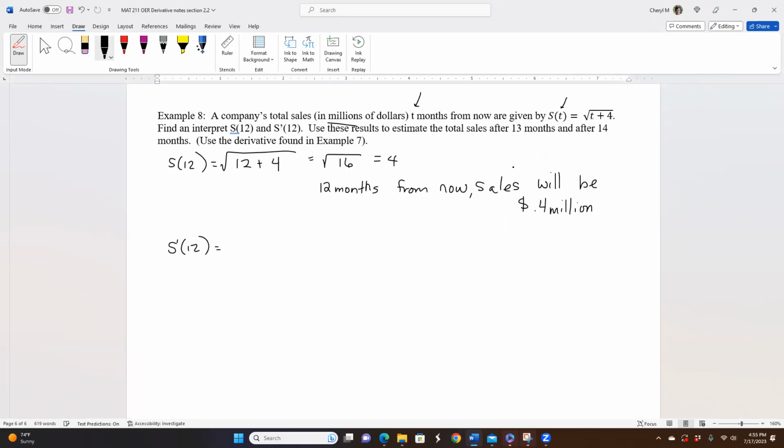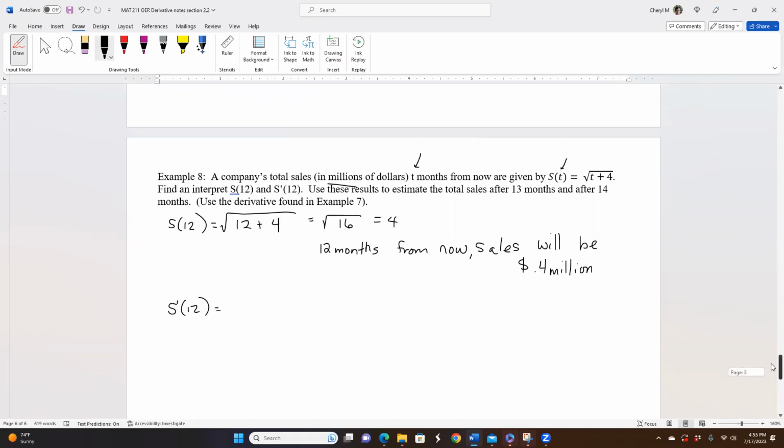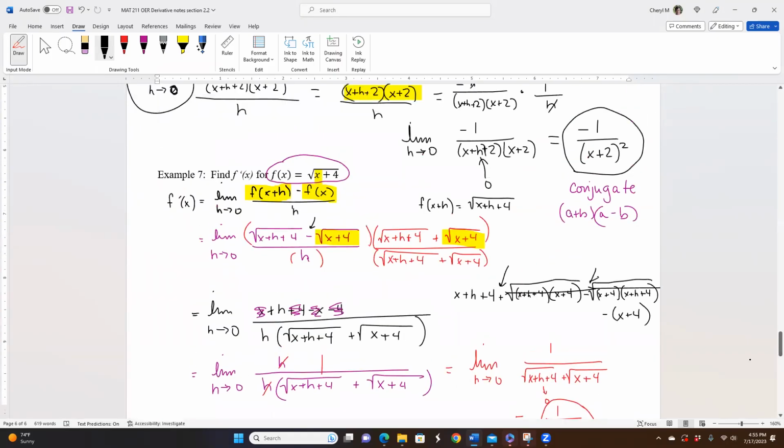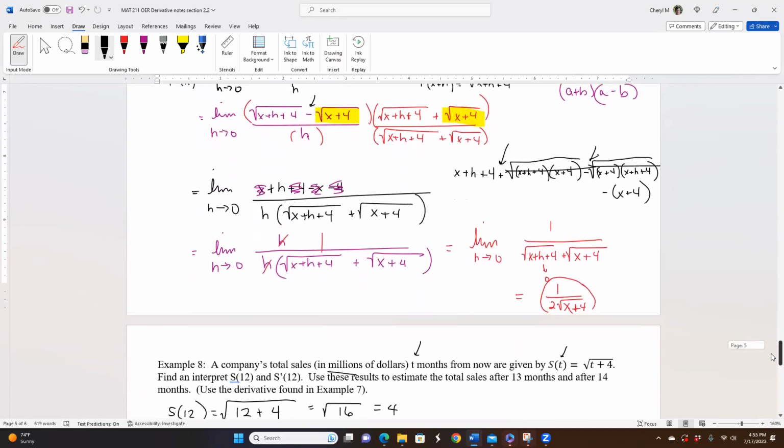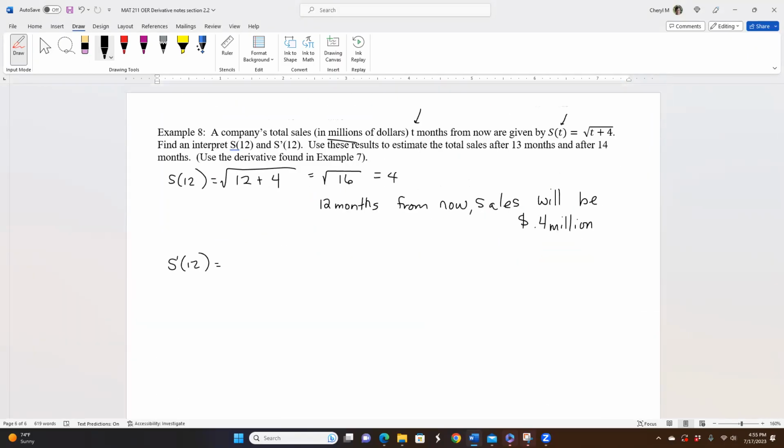Then it wants us to find s prime of 12. All right, and it said to use the results from our prior problem. So if we go back, we did find the derivative of the square root of x plus 4. The only difference here is our variable is t. So that means s prime of t will be 1 over 2 times the square root of t plus 4. So let's write that here.